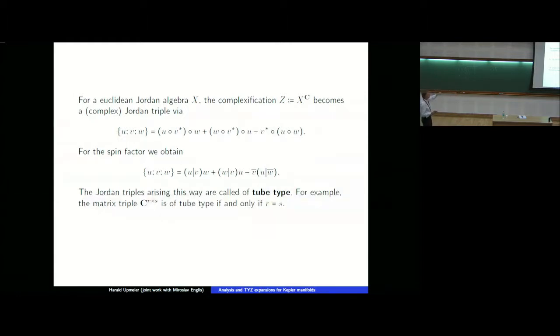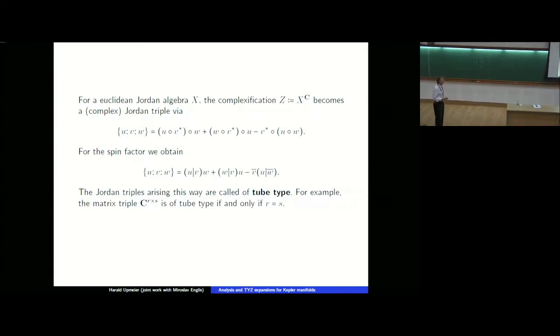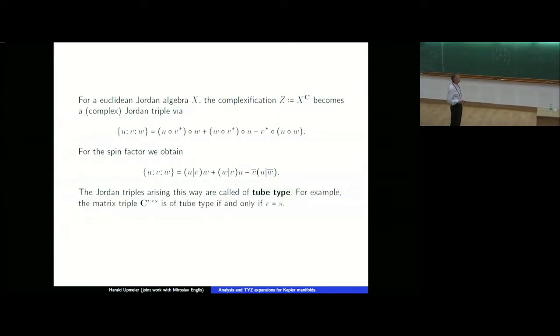Three combinations give a triple, and the triples arising this way are called of tube type because of the relation to modular forms. For example, the matrix triple is of tube type only if the matrix is square, if R is equal to S. So now we have a certain background classification of Jordan algebras and Jordan triples.